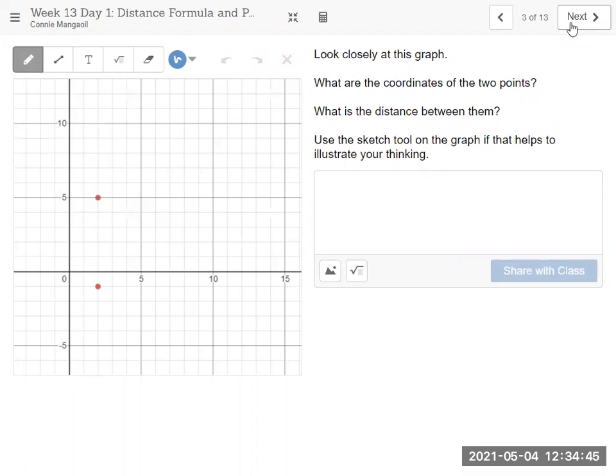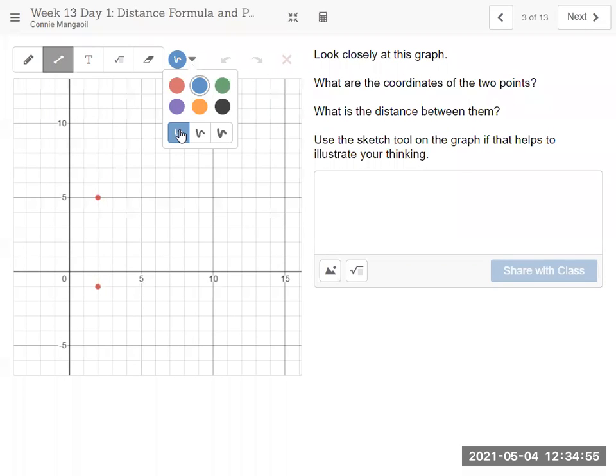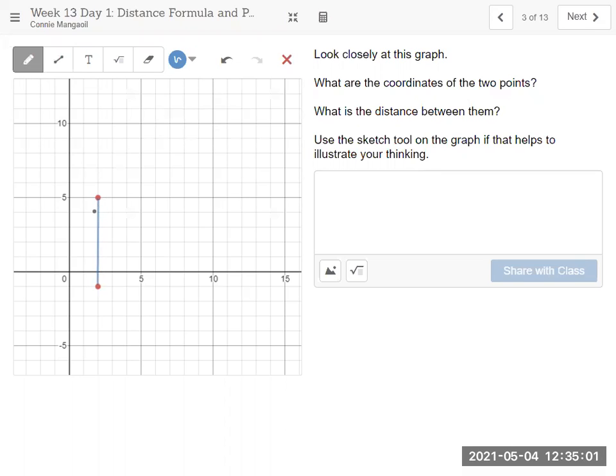So this time we have these 2 points. Okay. So what's the distance between these 2 points? 6 units, right? Because we count again. 1, 2, 3, 4, 5, 6. That's equal to 6 units.